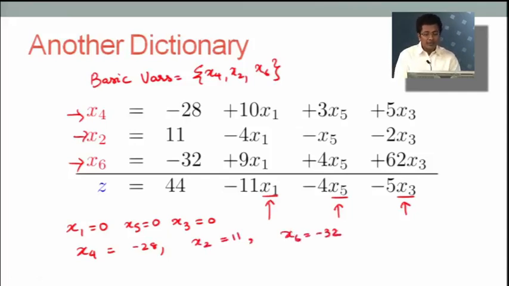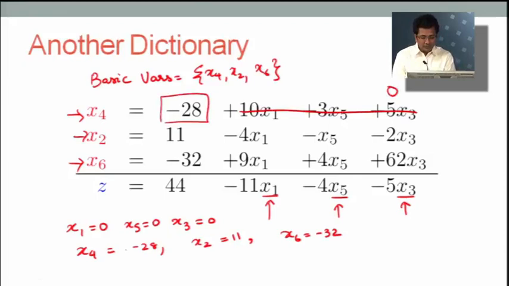Okay, how do I read that off? x1 is 0, x5 is 0, x3 is 0, so this whole thing is a 0. Okay, therefore, only thing left over is minus 28. So x4 is minus 28. x2 is 11, and x6 is minus 32.